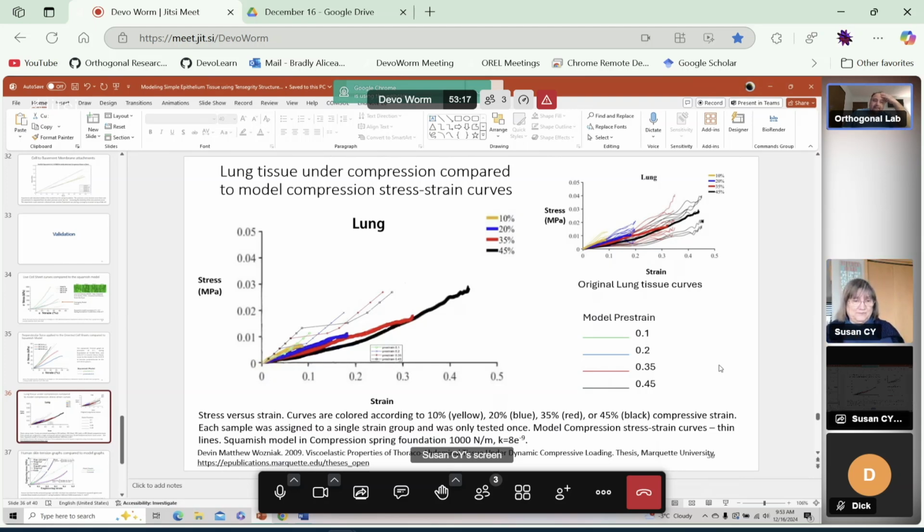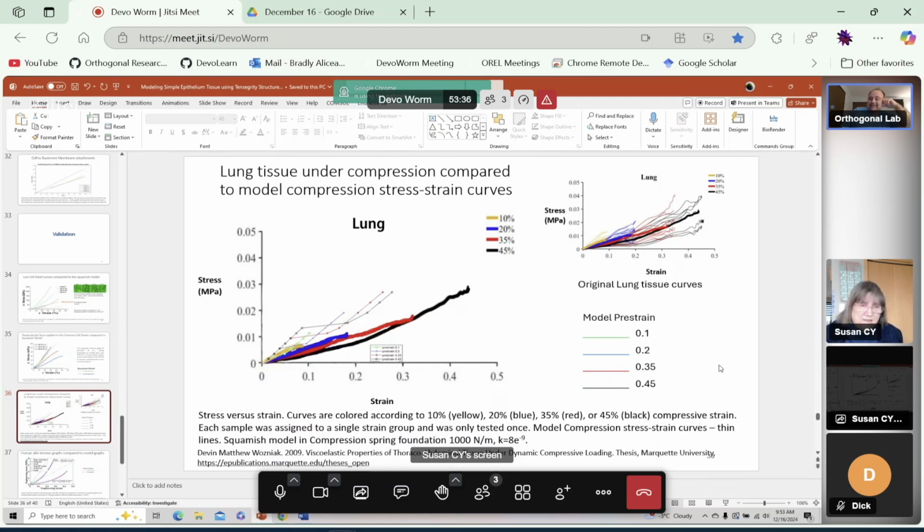So that's the other question: if you have a diversity of different arrangements and you apply a force and they're all in there together, what does that look like? I know that's a lot harder to model.